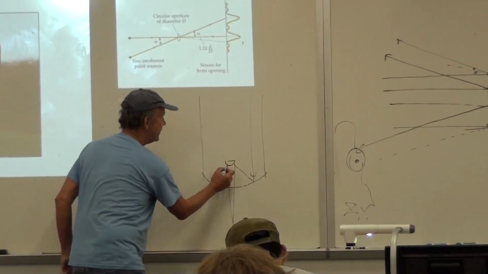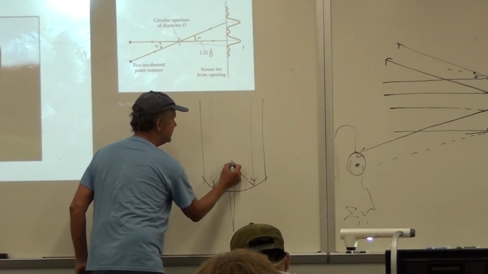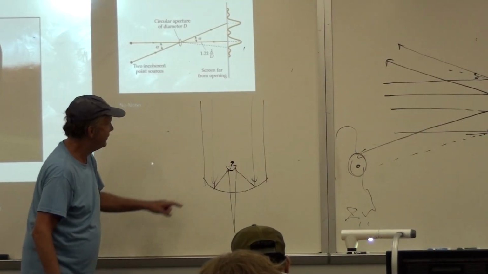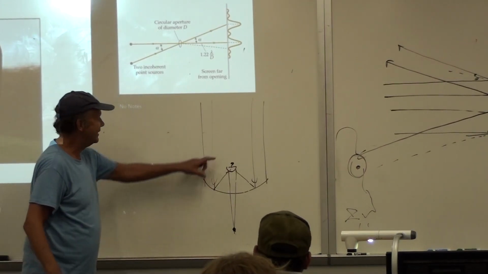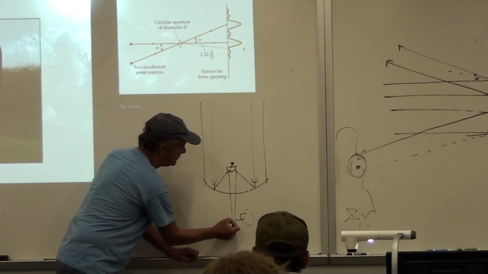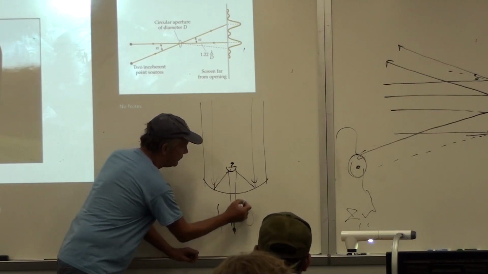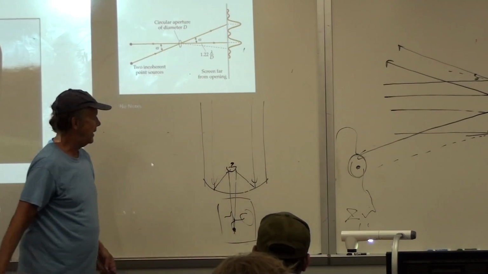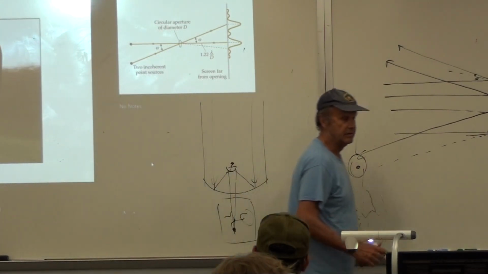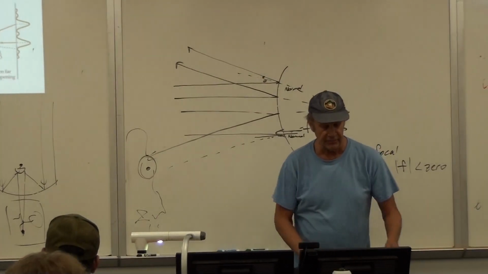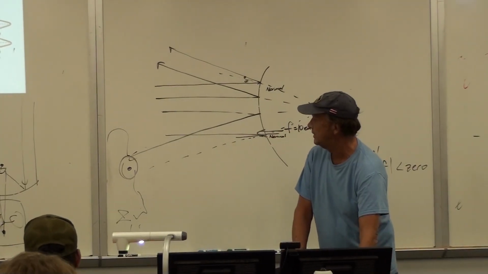It just doesn't converge as fast. So instead of it coming together here, instead the light comes together there. And so this then is a convenient viewing platform for you as an astronomer to look at the stars. So there are several different applications of this as well.